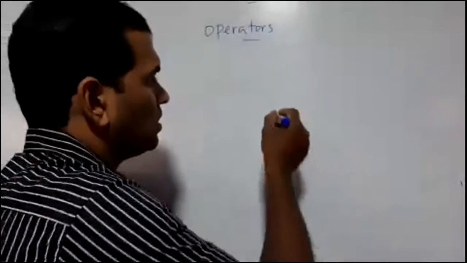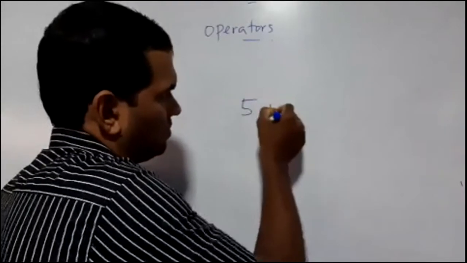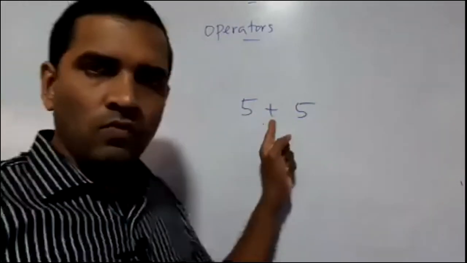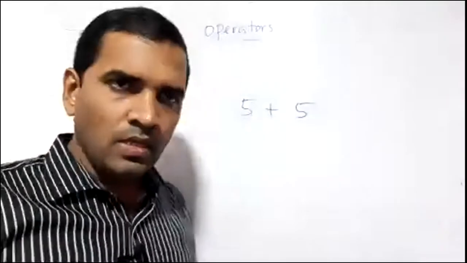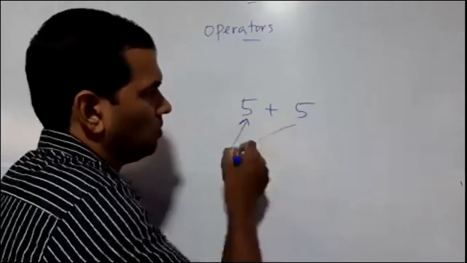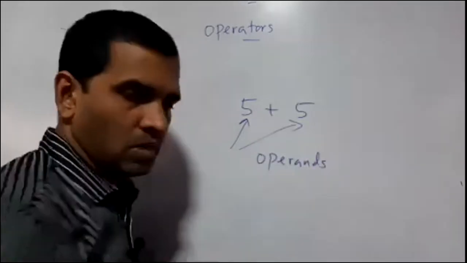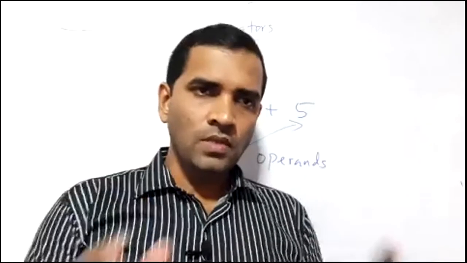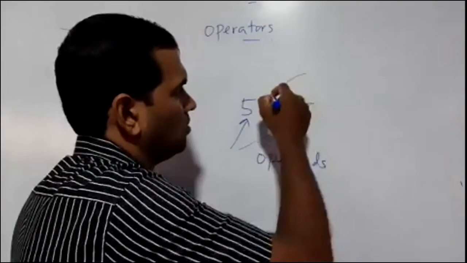But before that, I have to take one more thing. I explained this in the previous class too: the operator and operand. In mathematics, an operator is always in between two operands. If I want to add two numbers together, these two figures are called operands. In between these two operands, you have that particular operator.